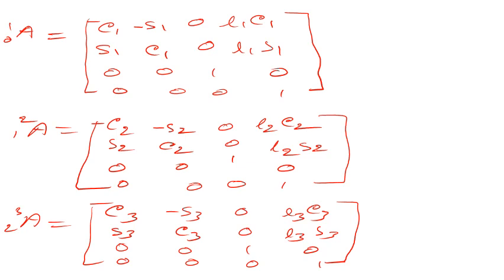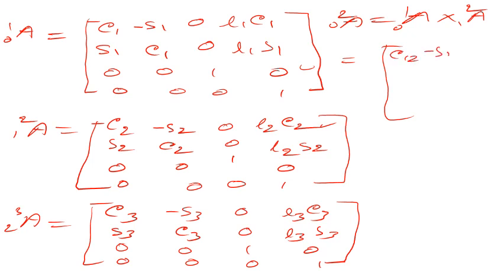Now if you multiply, A02 equals A01 times A12, and if you multiply these two matrices, this one and this one, you will end up getting this result, which is C12, minus S12, 0, L1 C1 plus L2 C12.